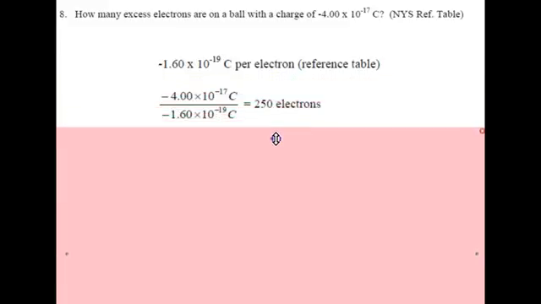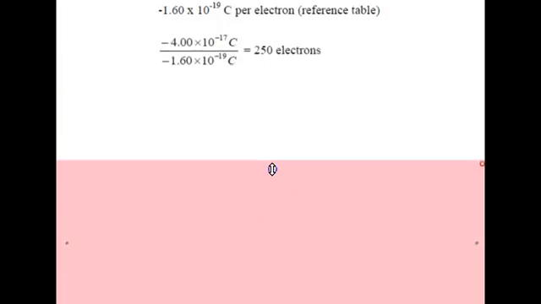So if we take the excess charge, -4 times 10 to the -17, and divide by the charge of 1 electron, this will give us how many electrons make up that charge. So 4 times 10 to the -17 divided by 1.6 times 10 to the -19, and you get 250 electrons.